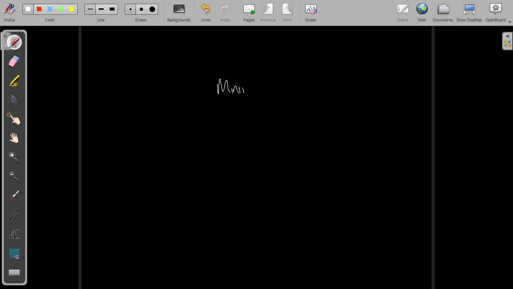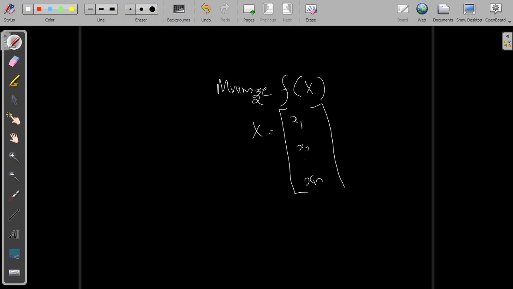That means minimize f of capital X, where capital X is equal to the vector x1, x2, etc., xn. This is a vector.